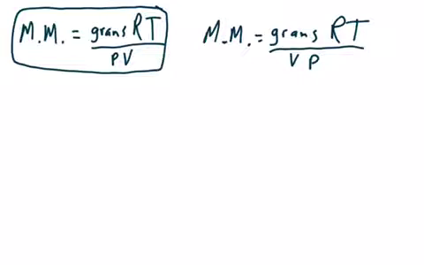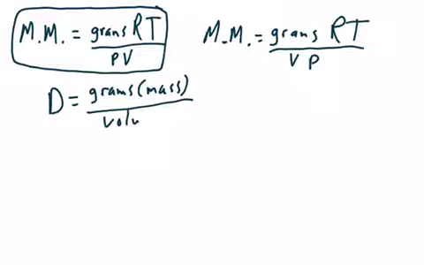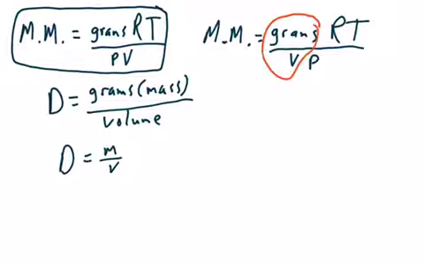What I wanted to show you is, if you recall, density is grams, which is mass, divided by volume. In other words, D is equal to m over V. So if I get this right over here, that's mass divided by volume. That's density.